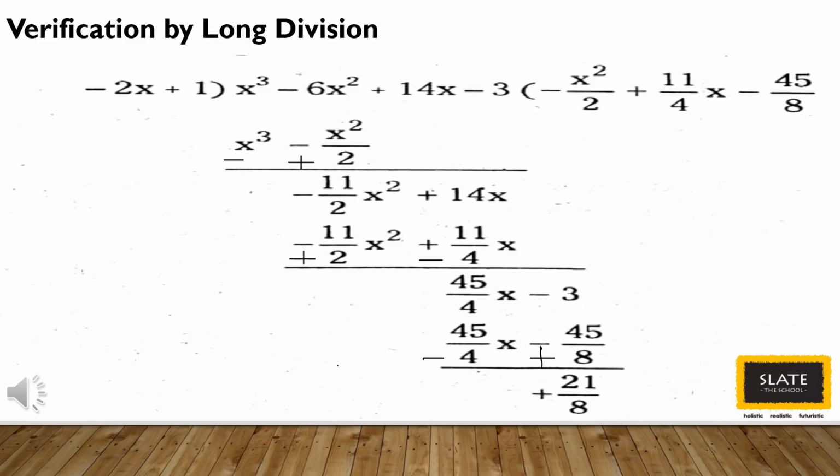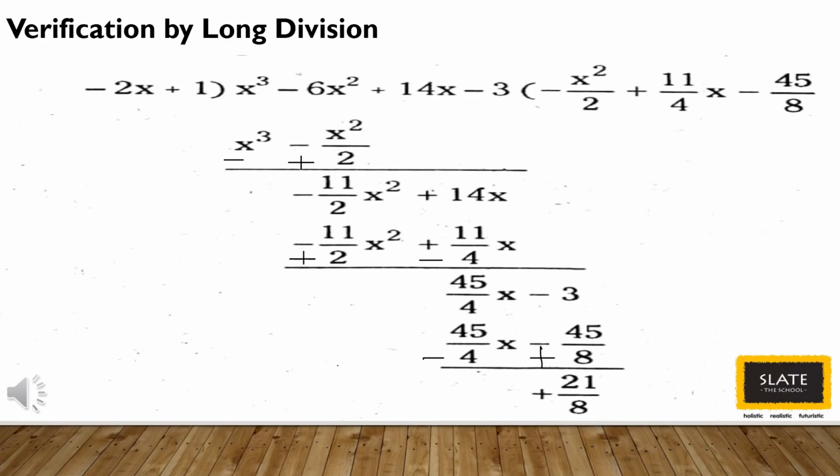Minus 11x square by 2 divided by minus 2x gives us 11x by 4. When 11x by 4 is multiplied by minus 2x plus 1, we get minus 11x square by 2 plus 11x by 4. On subtraction, we get 45x by 4 and minus 3, we will bring it down.